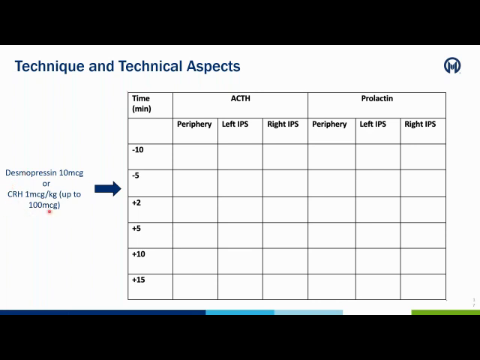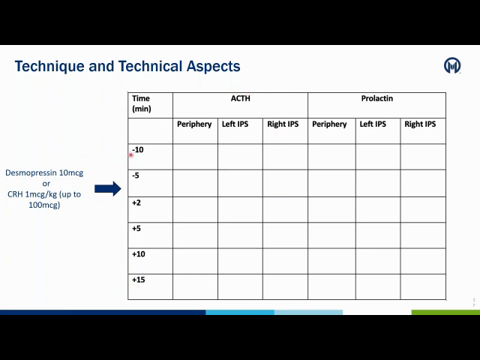The CRH has been out of market and not available in the United States for some time now, probably about 2 years. So we have been using desmopressin at a dose of 10 micrograms IV push, and that's performed at time 0. Then once that stimulation is performed, we do measurements at +2, +5, +10, and +15 minutes.